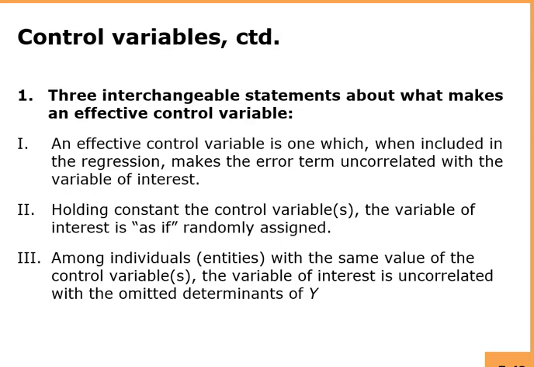And so the third and final way in which a control variable can be defined is among individuals with the same value of the control variable, the variable of interest is uncorrelated with the omitted determinants of y. So once again, the variable of interest, we want that to be not correlated with the error term, while we want our control variables to be correlated with the error term.